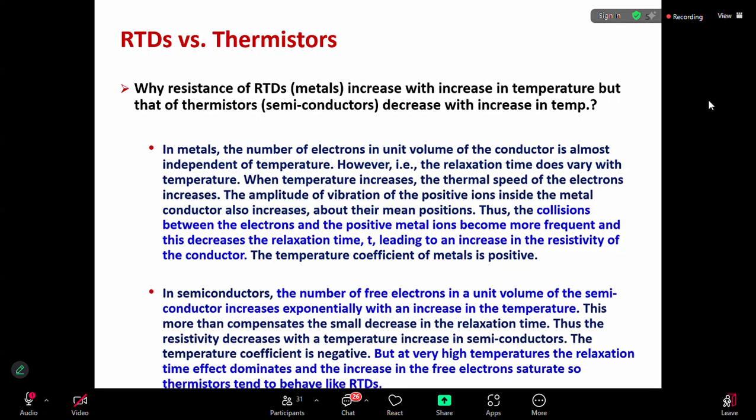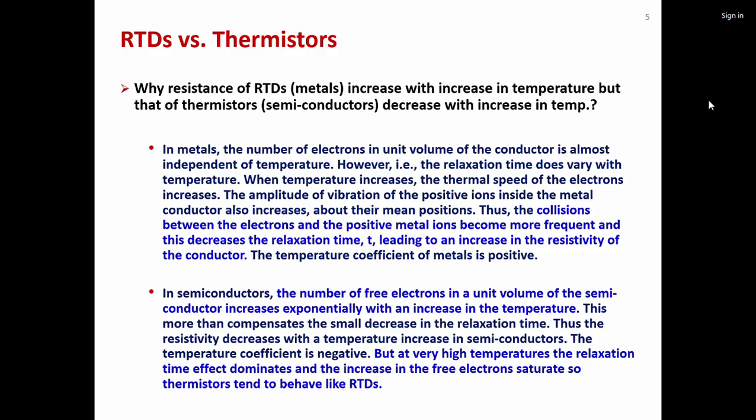In case of thermistors, the mechanism is slightly different. Thermistors are basically oxides of nickel, cobalt, and so on. So these are basically semiconducting materials. In semiconducting materials, the number of free electrons per unit volume would increase exponentially with increase in temperature.